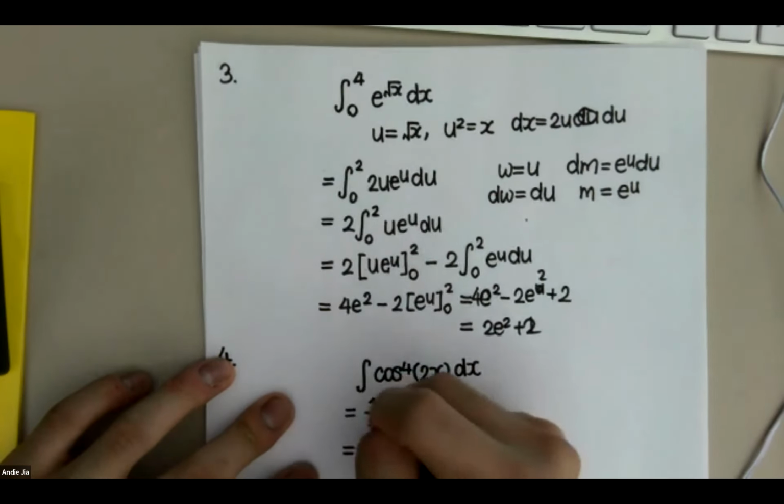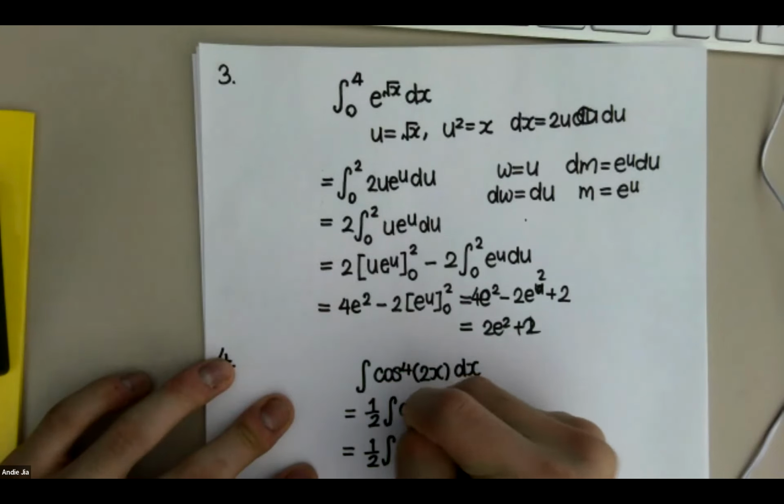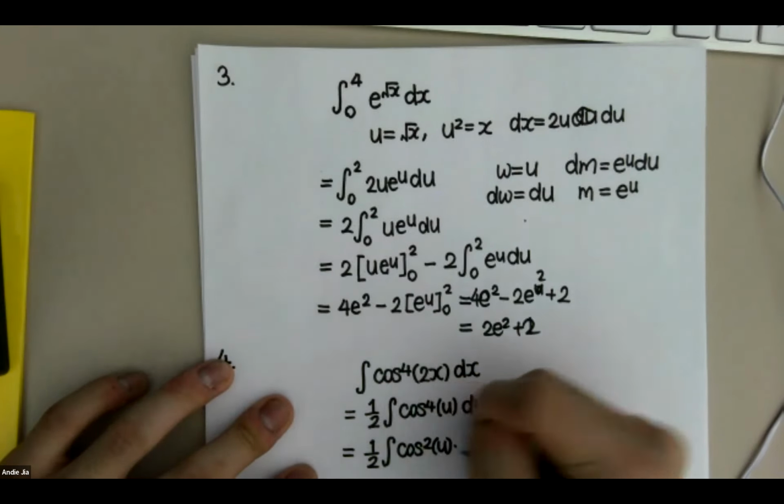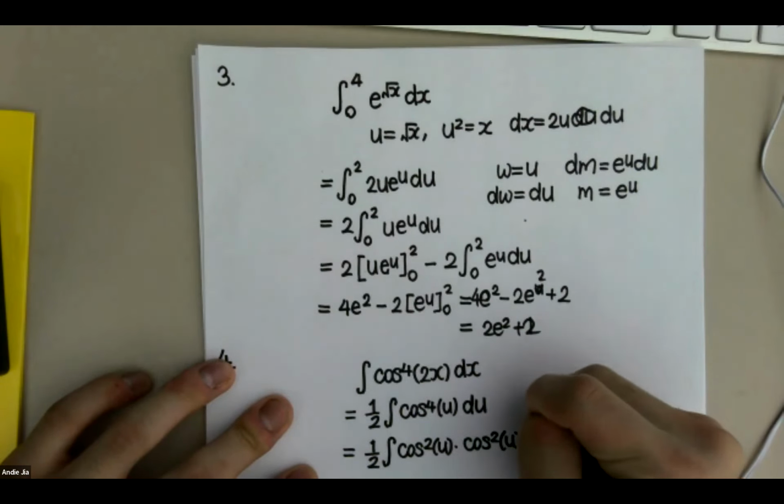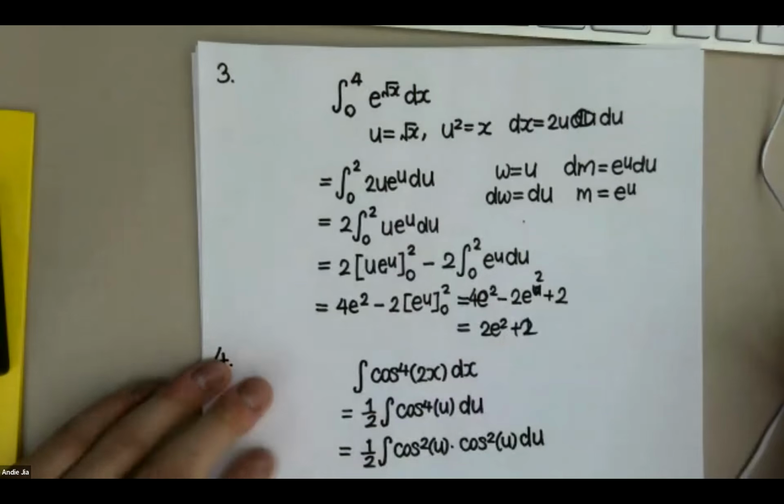So you can rewrite the thing as 1/2 of cosine squared of u times cosine squared of u, and then du.